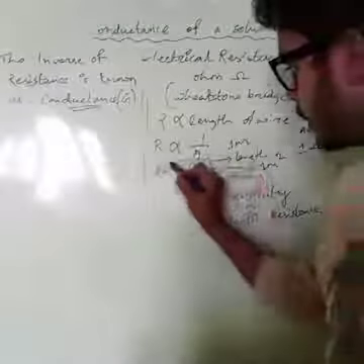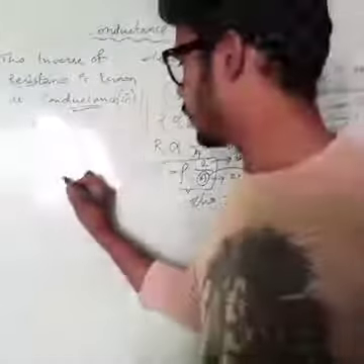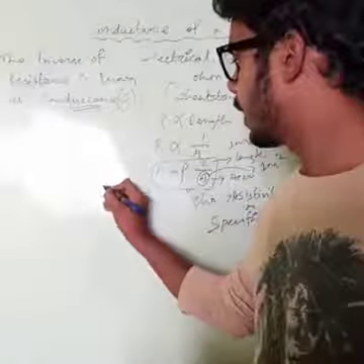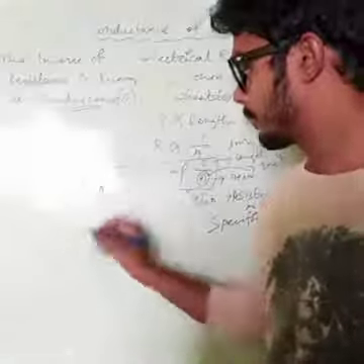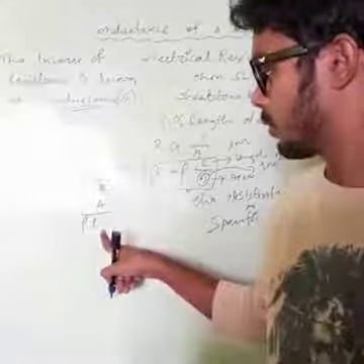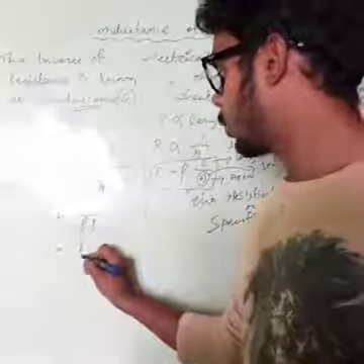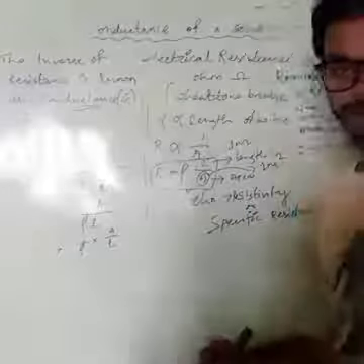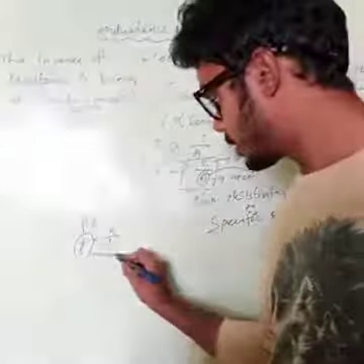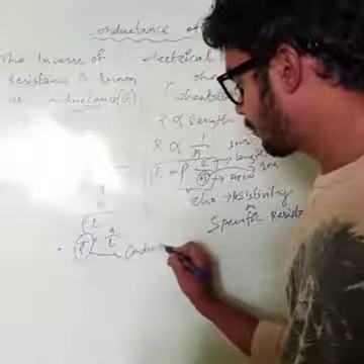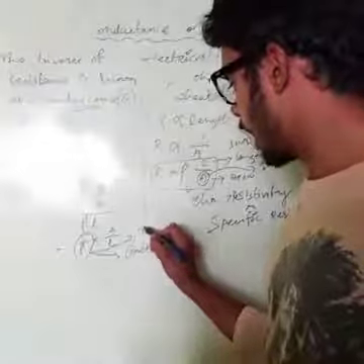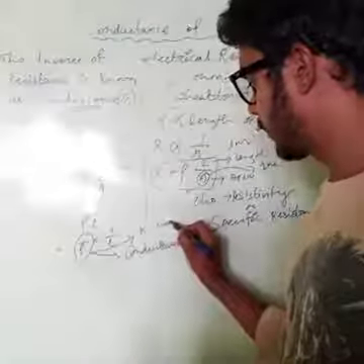From this equation we know that R is nothing but rho L by A. So if you put 1 by R in place of R, what do you get? 1 by rho L by A, so this is A by rho L. I can write likewise, 1 by rho into A by L. So 1 by rho is nothing but conductivity, which can be written as kappa, K-A-P-P-A.